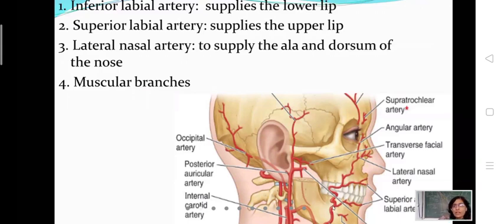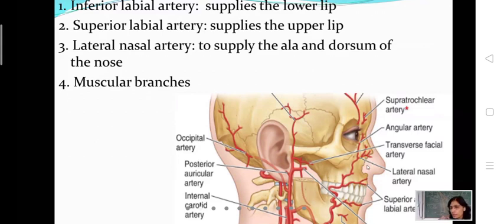So the branches of facial artery are inferior labial artery, which supplies the lower lip, superior labial artery, which supplies the upper lip, lateral nasal artery. This is the lateral nasal branch, which supplies the dorsum and the ala of the nose.